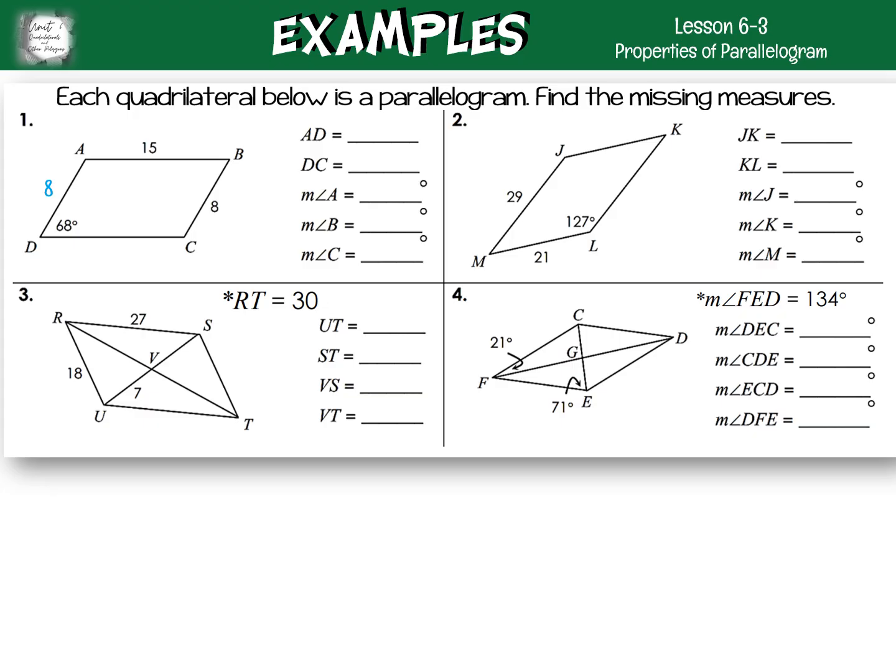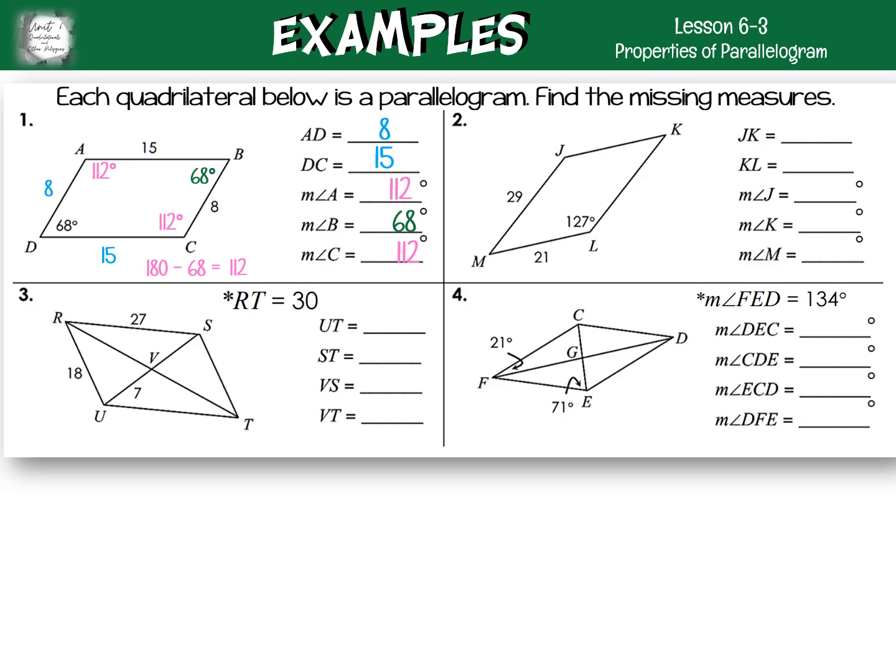Length of segment AD has got to be 8. It's opposite segment BC. And length of segment DC has got to be 15. It's opposite segment AB. The easiest angle to do is B because it's opposite angle D, which is 68. And the other two are going to be supplementary to that 68, which is 112.